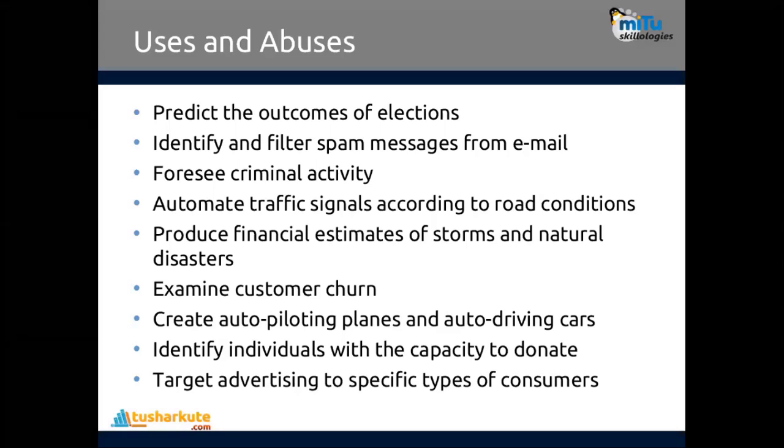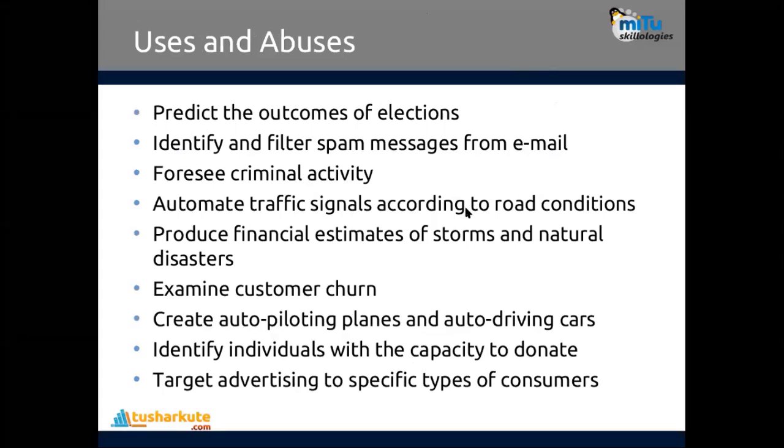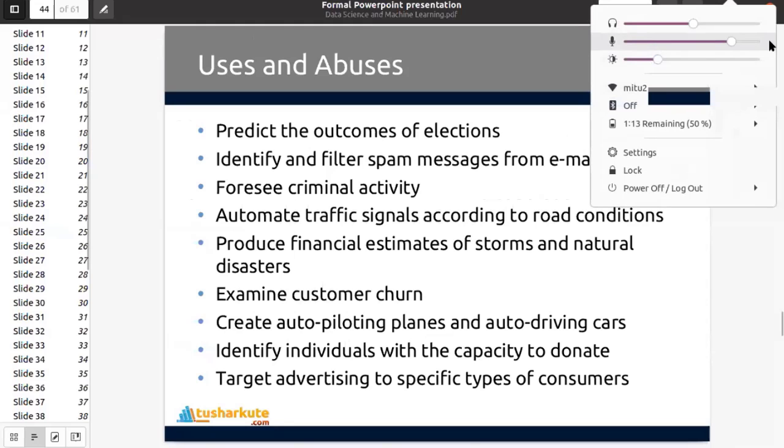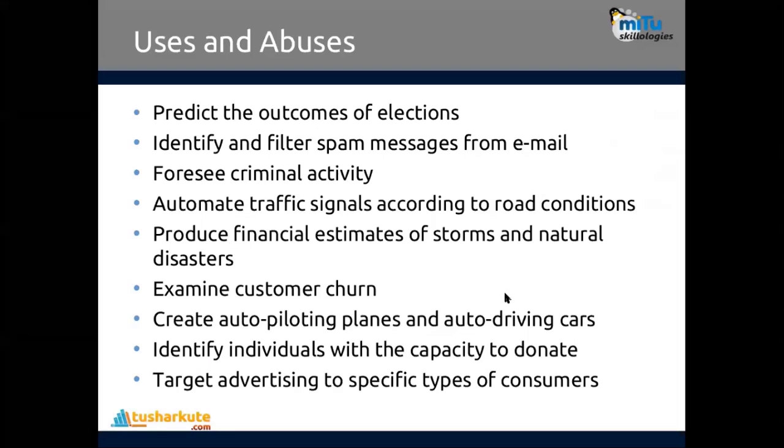Automating the traffic signals according to the road conditions. Traffic signals according to road conditions means wherever the traffic flow is high, there we will allow the maximum amount of flow, and just inverse to that we can perform the operations of controlling it.